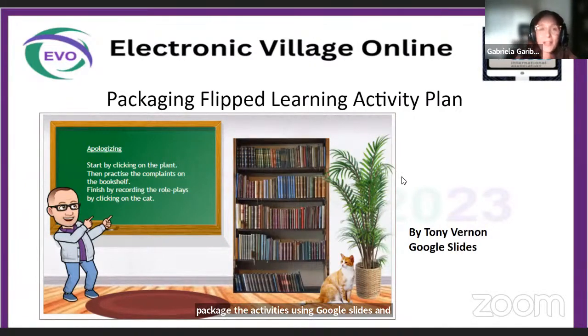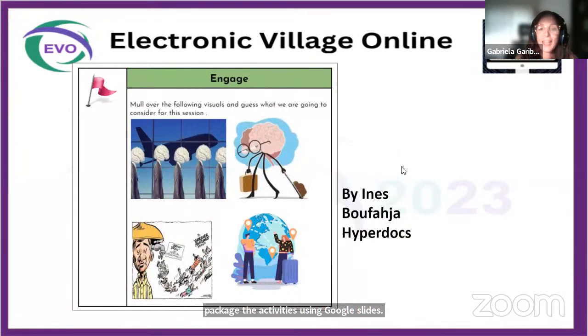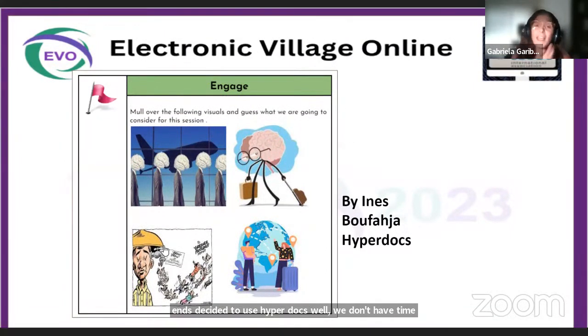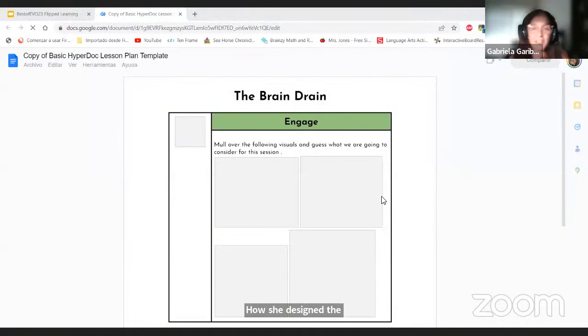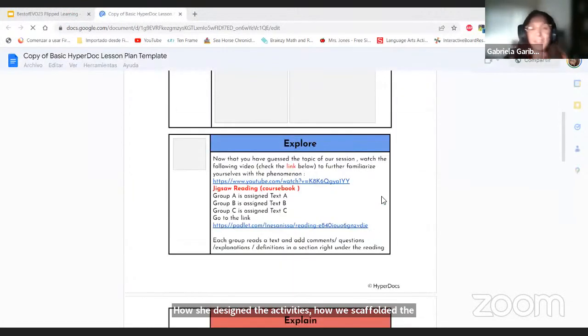And in the next one, Ines decided to use HyperDocs. We don't have much time, but it was very creative how she designed and scaffolded the activities.